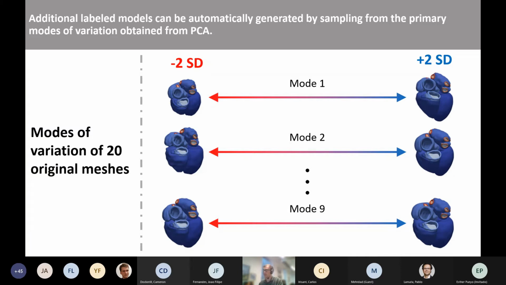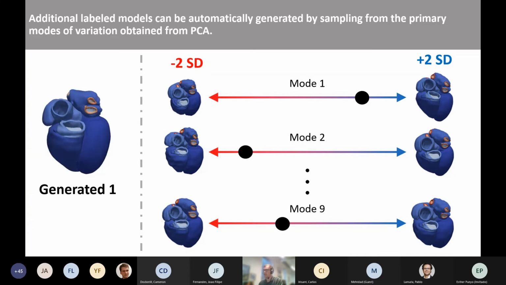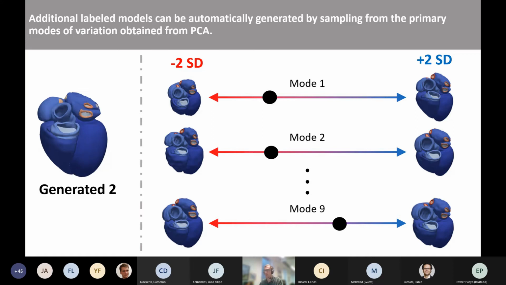Then we can randomly sample from each of those modes, each of those axes of shape variation, and that will give us a new model, which is taken from the set of realistic possibilities, but is a new anatomically realistic shape that adds additional variability to the data set. So we can continue to do this until we generate enough models that we have sufficient anatomical variability. We continue to just randomly sample from these modes of shape variation.